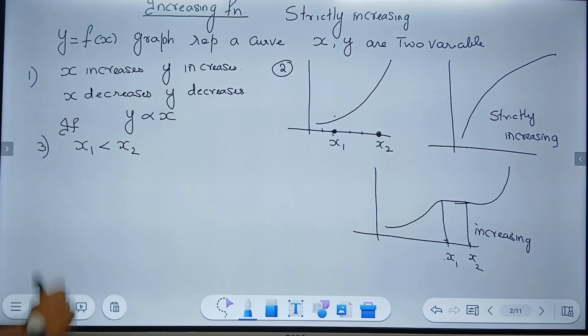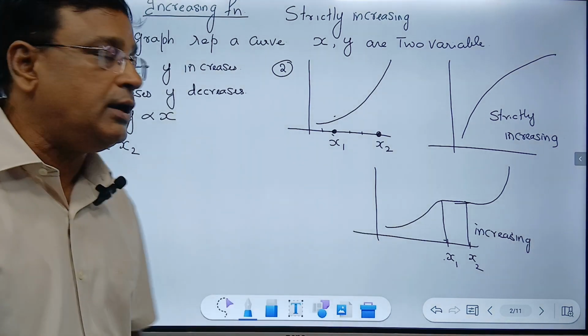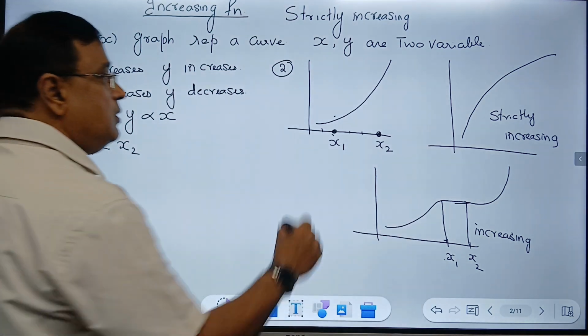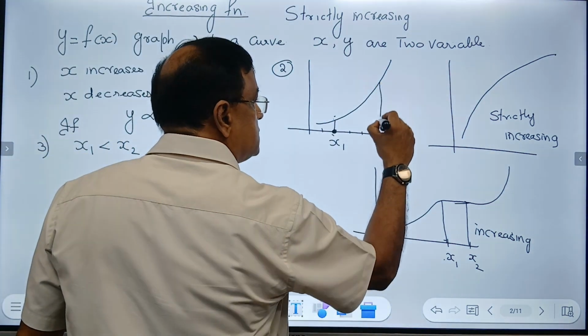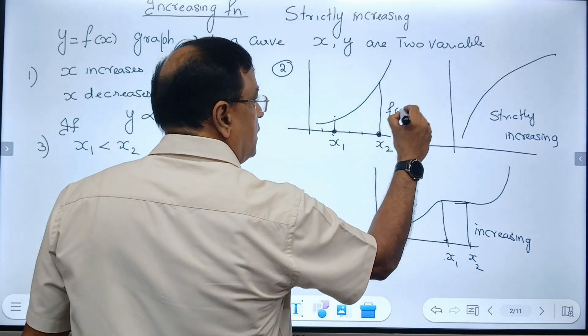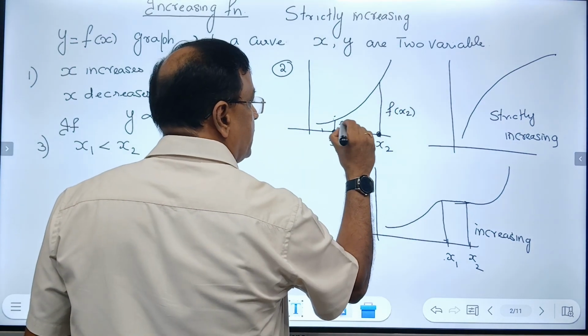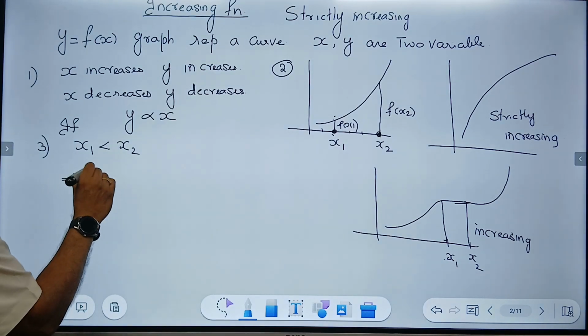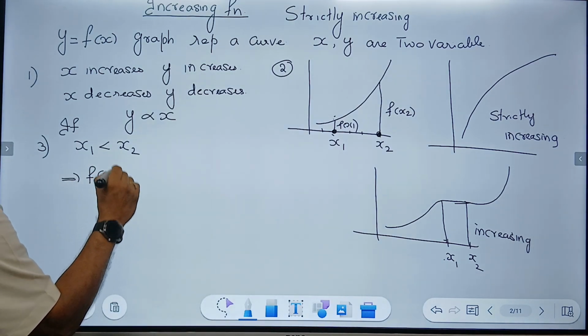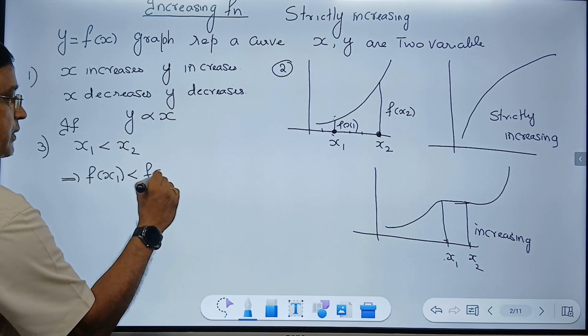If x1 is less than x2, this is my f of x1 and this is my f of x2. So clearly, for an increasing function, f of x1 will also be less than f of x2.